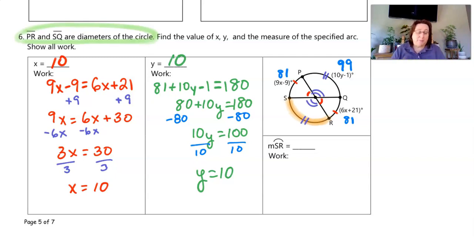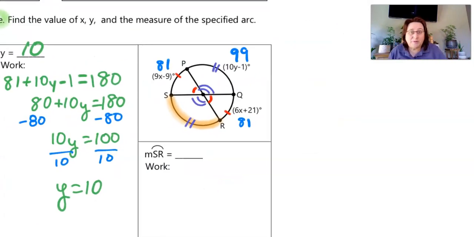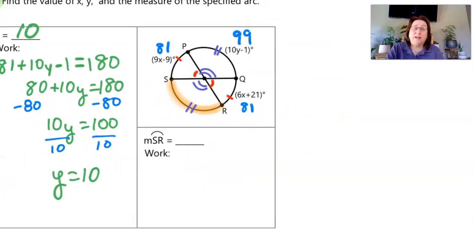Let's see if what you were thinking was on track. If you noticed in my picture right here, and I'm going to zoom in, I marked that we have vertical angles that are congruent. That means that the arcs are also congruent, which means that arc SR and arc PQ are marked congruent. So PQ has to also be 99 degrees. And yes, Miss Smith, you forgot your degree symbol on all your arcs.